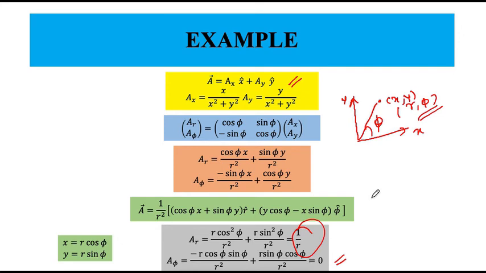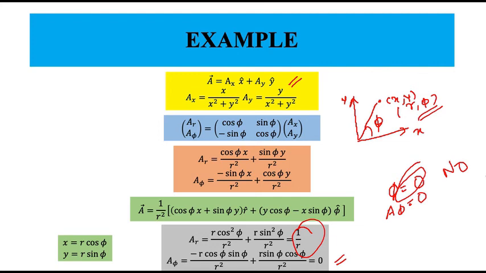Does it really mean that phi is also 0? If the A phi component equals 0, does this imply that phi is equal to 0? The answer is no. Phi is not 0. Just because there is no phi component, it doesn't mean that phi is also equal to 0.